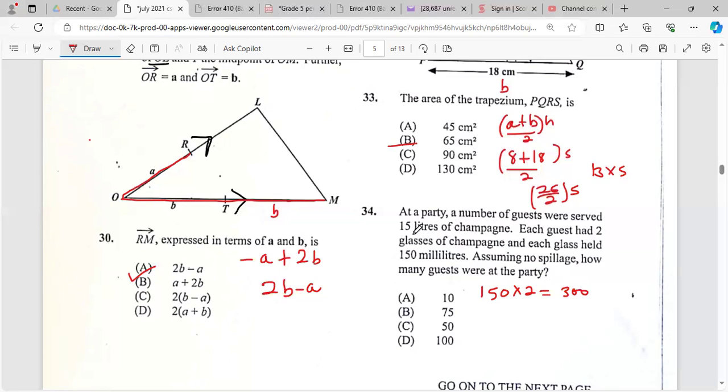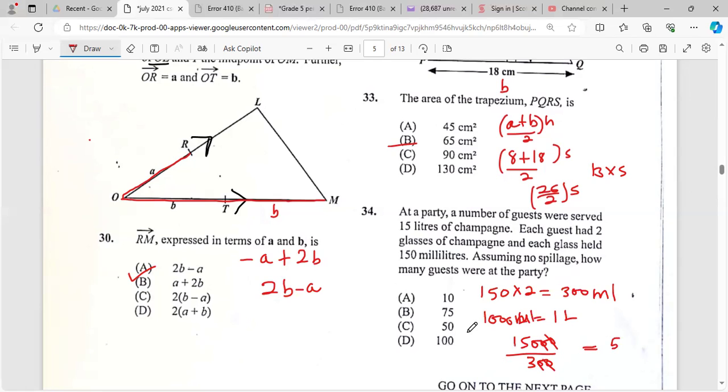And in terms of liters, I'm gonna convert this to milliliters. So it takes 1,000 milliliters to give you 1 liter. So the 15 is gonna be 15,000. I have to times it by 1,000, agree? So all we have to do now to figure out how many persons there are, let's divide this by 300. 3 into 15 is 5.